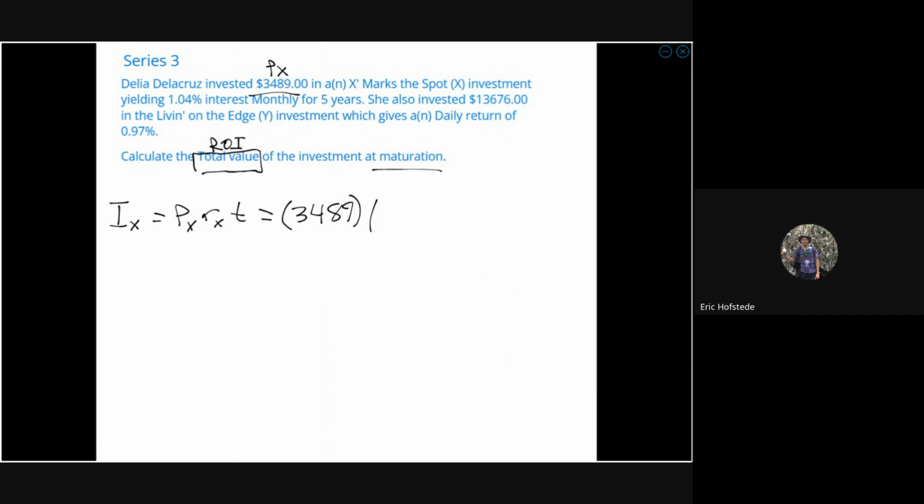This is yielding 1.04 monthly. 1.04% becomes 0.0104, and this is times 12, since I'm earning interest 12 times a year.